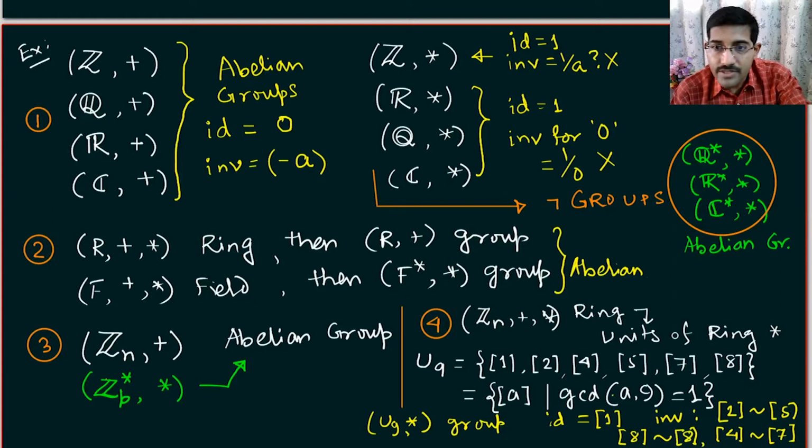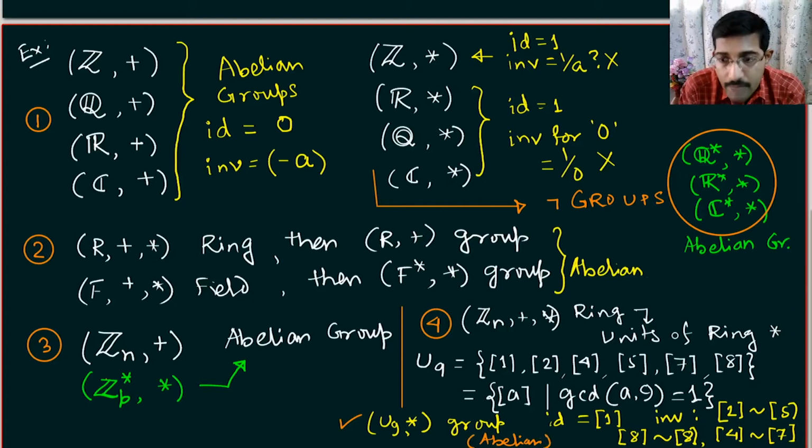Please check it. So this forms a group, an abelian group. In fact, you can also check the abelian condition. So these are some of the examples that we can do.